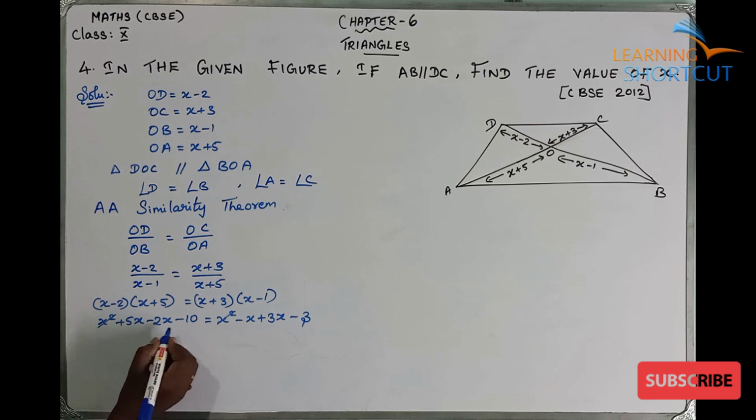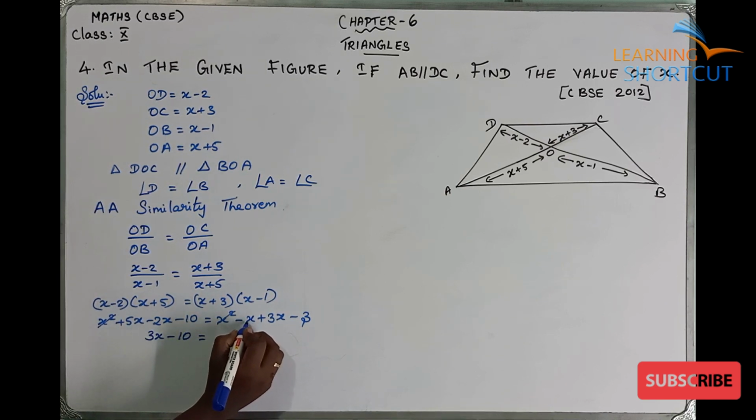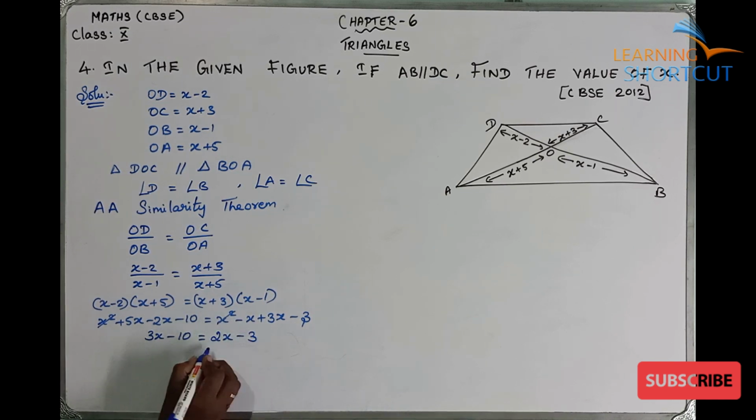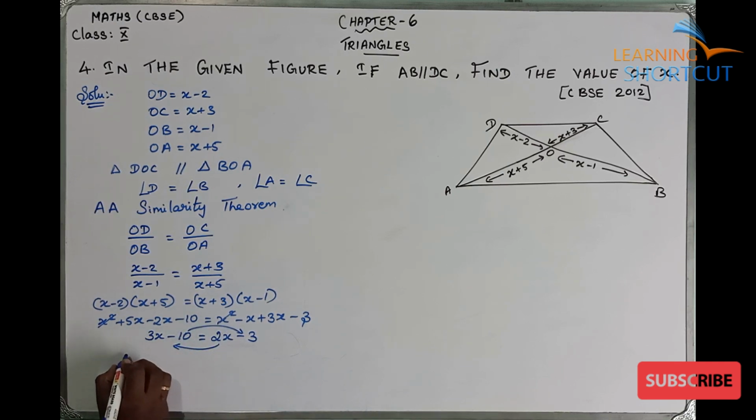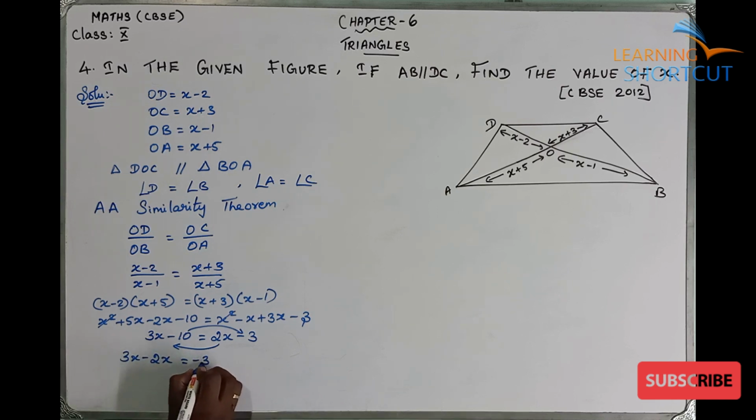So 5x minus 2x is 3x minus 10 will be equal to minus x plus 3x, which is 2x minus 3. So bring x here and the constant term there. We will get 3x minus 2x will be equal to minus 3 plus 10. So x will be equal to 7. Okay. So the value we are getting is x equal to 7. You can see the next question.